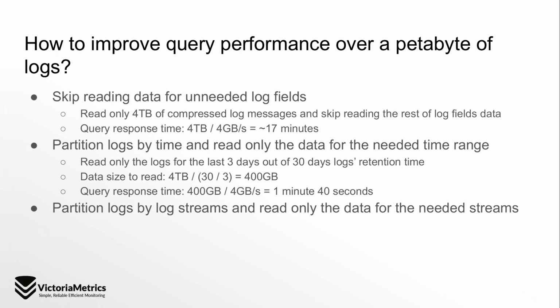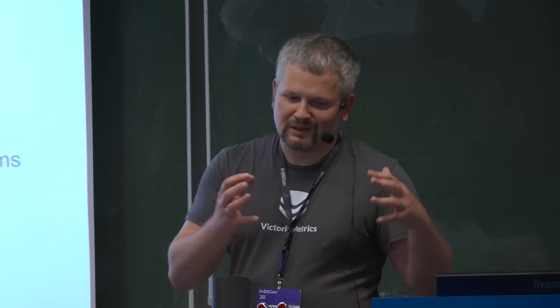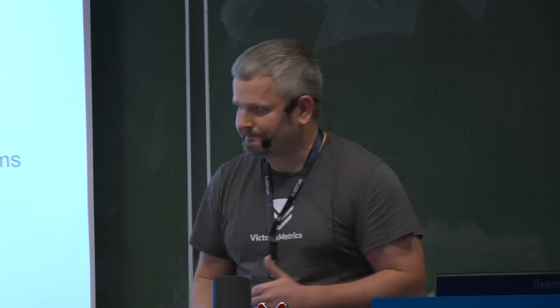For example, you run many servers, and every server generates a single log stream, and we can store a single log stream in a virtual partition close to each other on disk, and index it additionally to other information in these logs, and we can use this index during querying in order to reduce the number of log streams which we need to read.